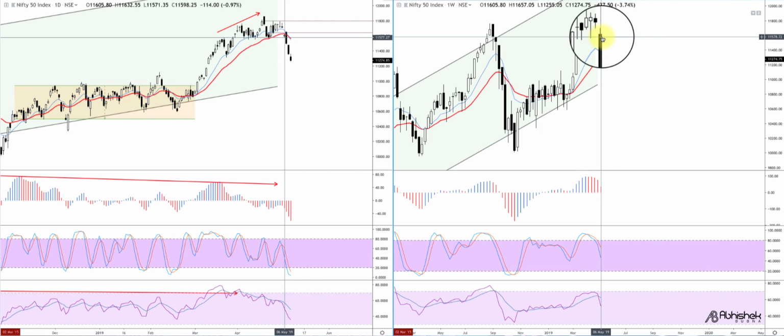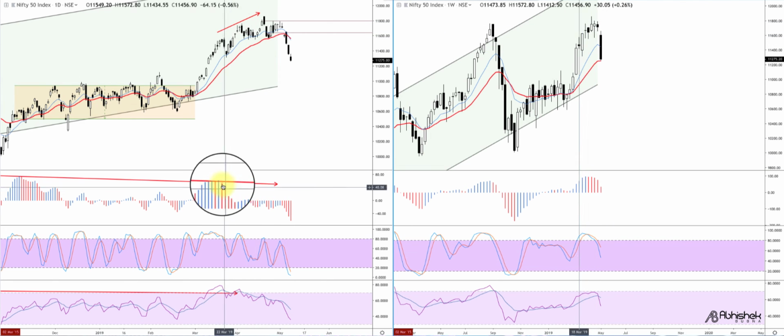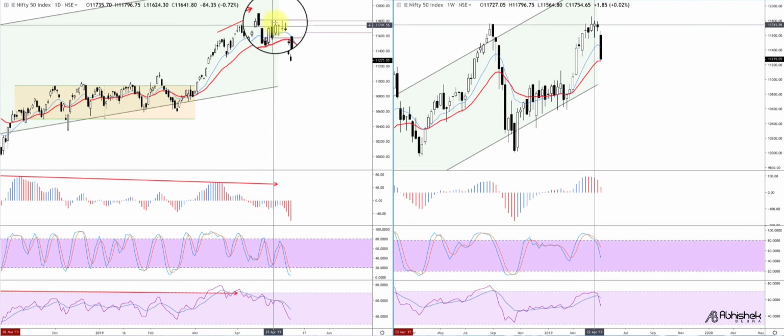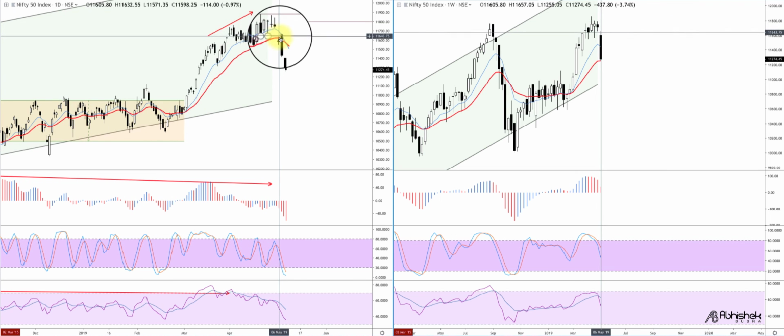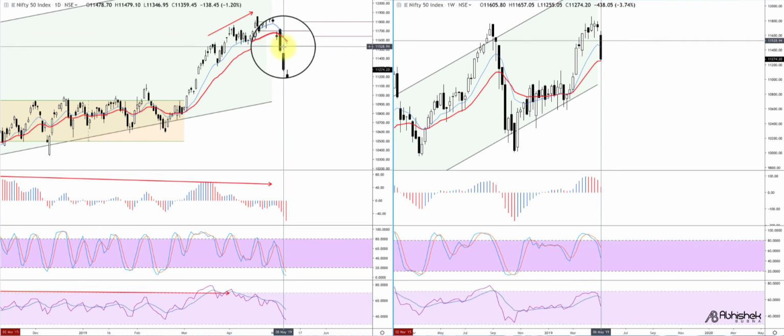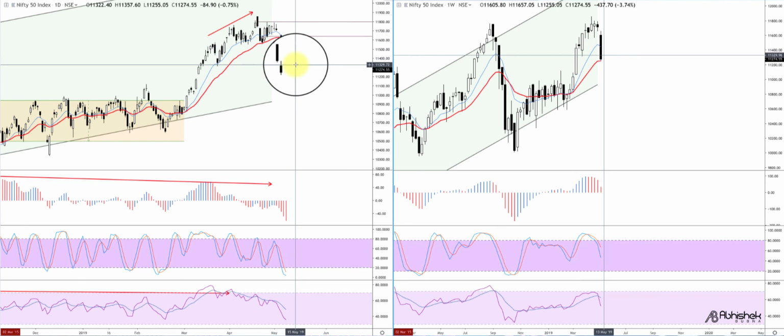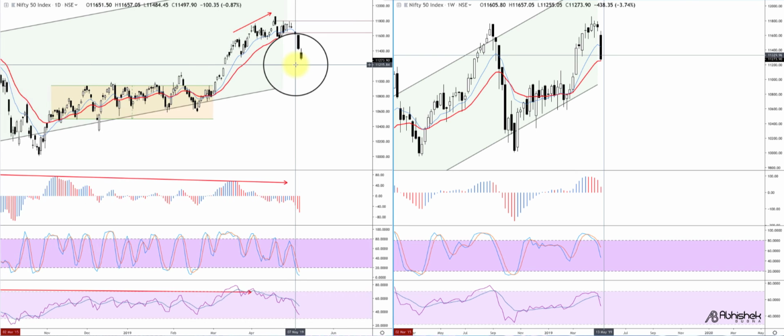That is huge, right? There was a bearish divergence here, a triple bearish divergence here, and a doji, and then finally opened lower with a gap. And for the past 3 days, it has been falling. There's nothing to miss here.